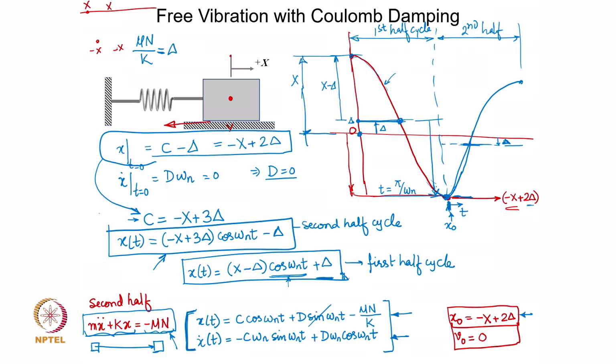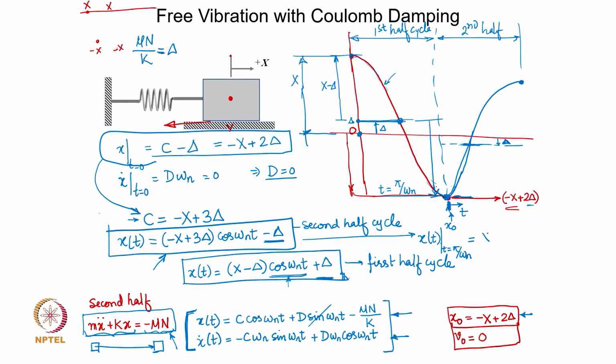and there is a bias of minus delta, which is of course in the negative direction here. So, just have a look at what will happen at t is equal to pi over omega n, which is the end of the second half cycle. Now, which means that this is going to be x of t at t is equal to pi over omega n. What will this be?